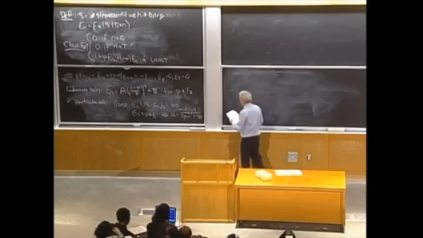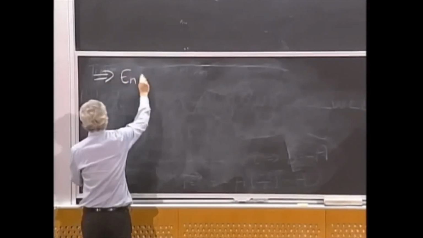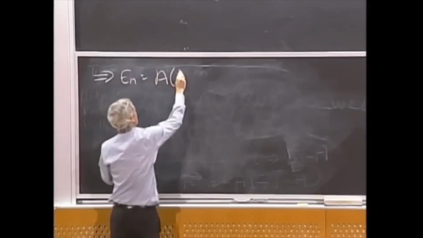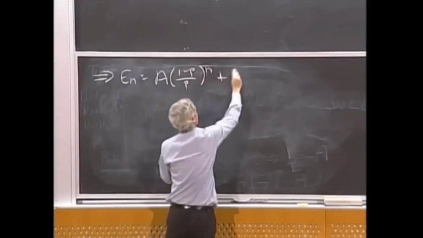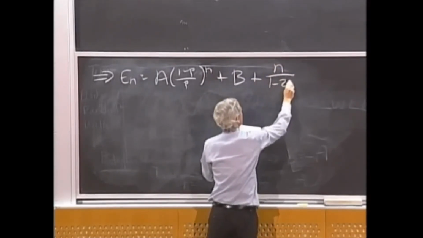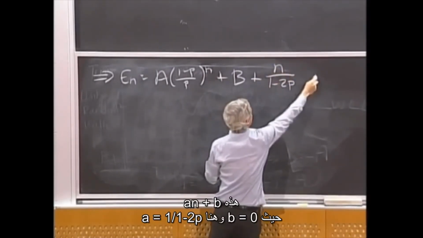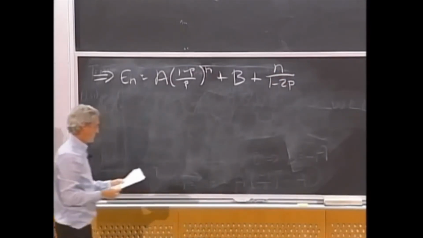OK, so now we add them together to get the general solution. This is An plus B. B was 0, and here's A as 1 over 1 minus 2p.